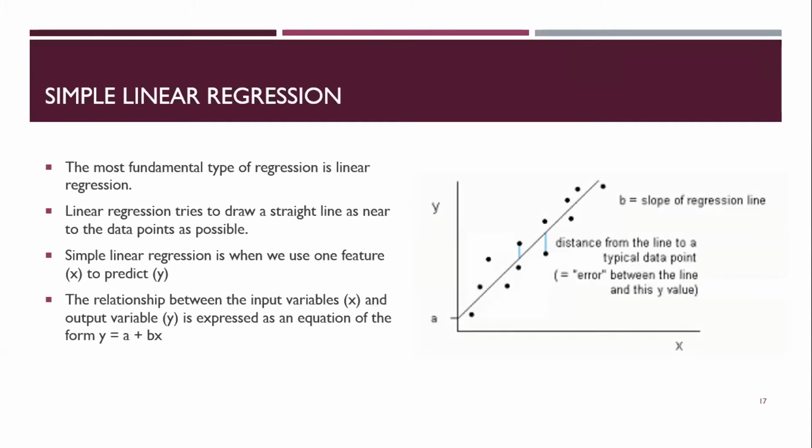We have simple linear regression, which uses one input to predict one output. Let's say we are an investment firm, and we have data on our advertising or our investments and the returns that it makes.